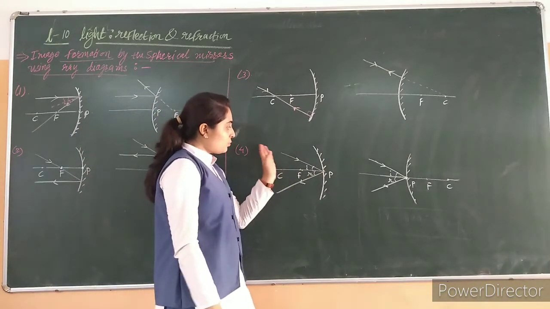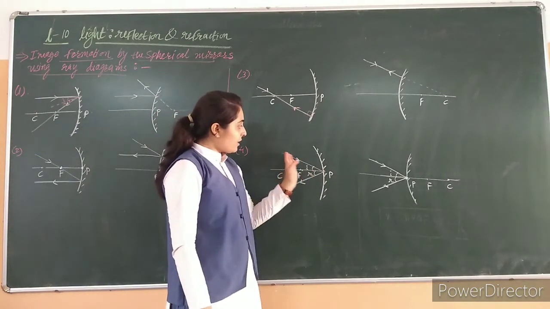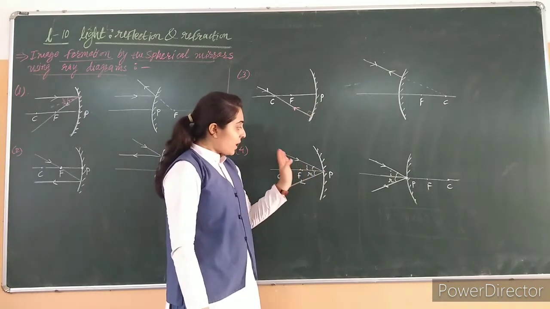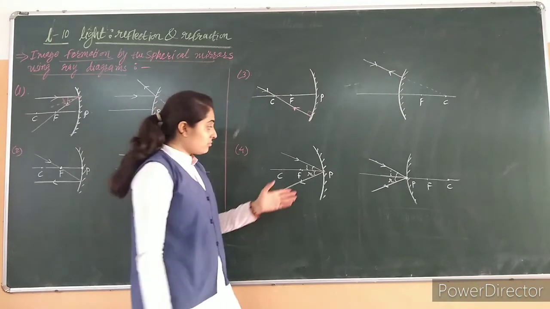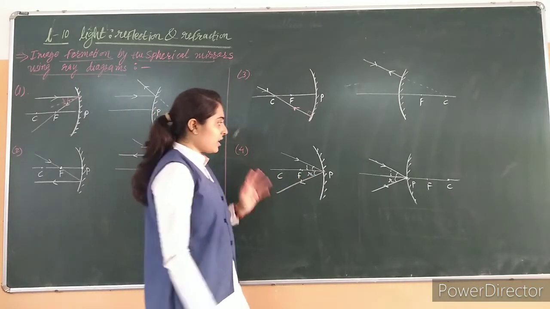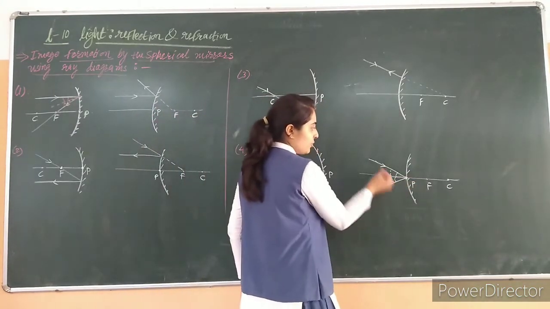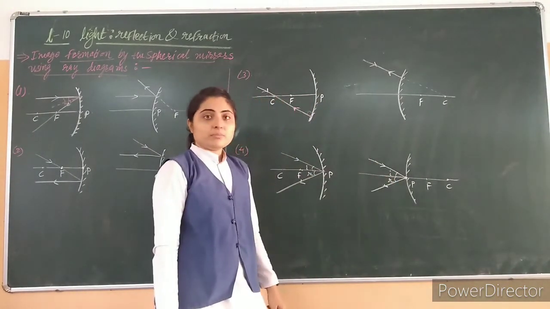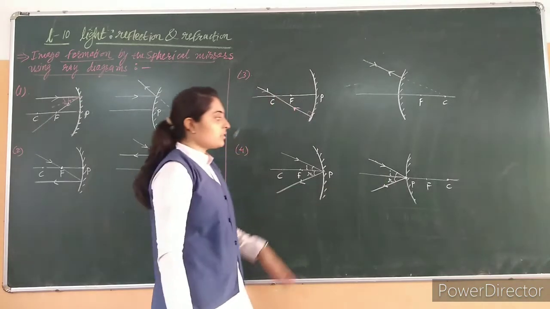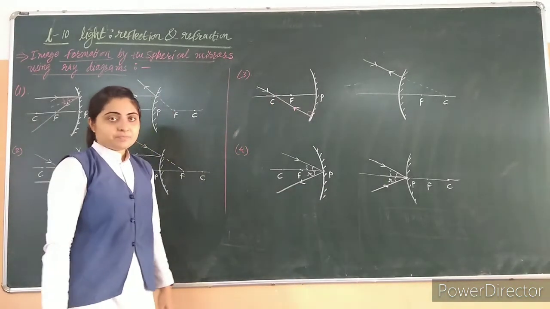In the same way for the convex mirror, a ray of light incident on the mirror making some angle will reflect making the same angle.